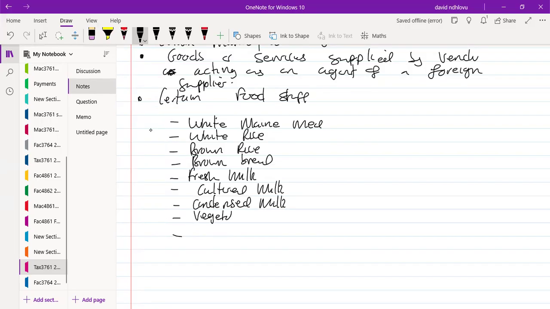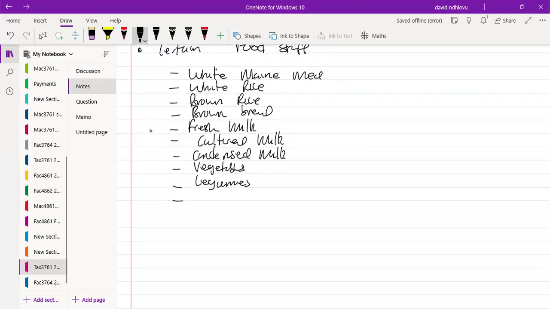Vegetables. Right. Legumes. Don't know what that means. I think those are potatoes, sweet potatoes, right? Lentils, right? What else did I leave? How many am I having there? That's 1, 2, 3, 4, 5, 6, 7, 8, 9, 10, 11.